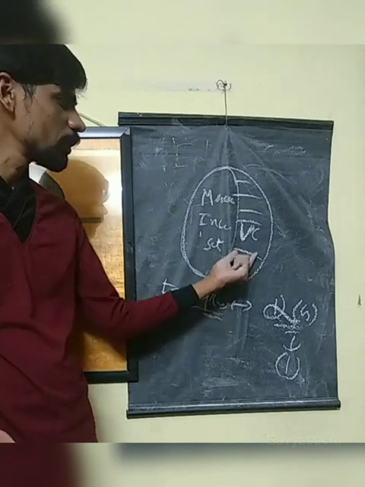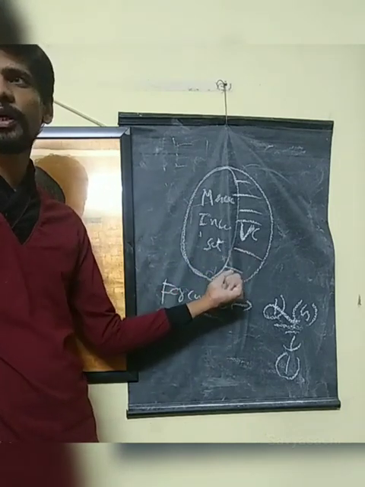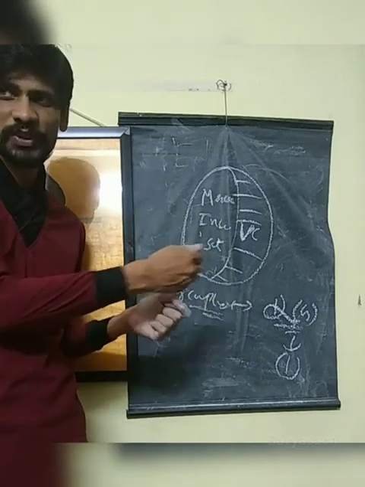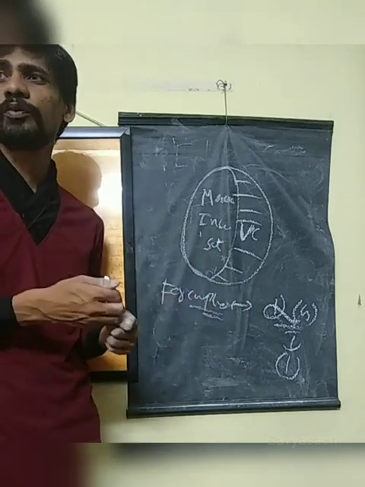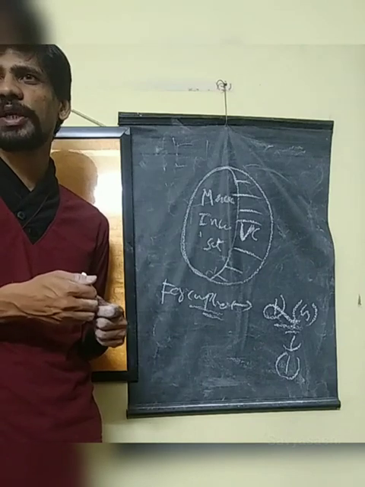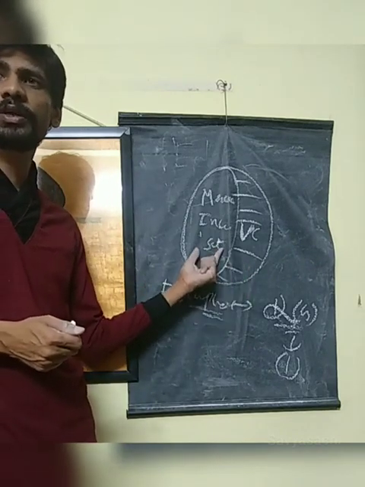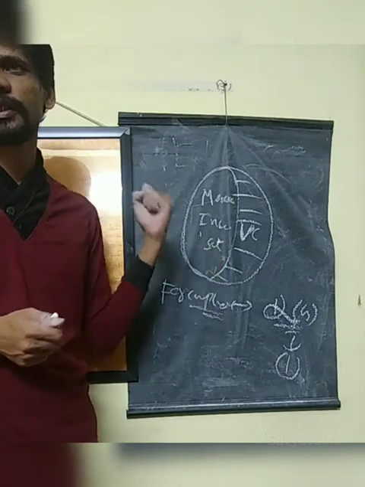For a complete graph, how many vertex covers? Yes, n minus 1, right? Previously we discussed that for a cyclic graph it is n by 2. Once you identify that, you can identify the max independent set.